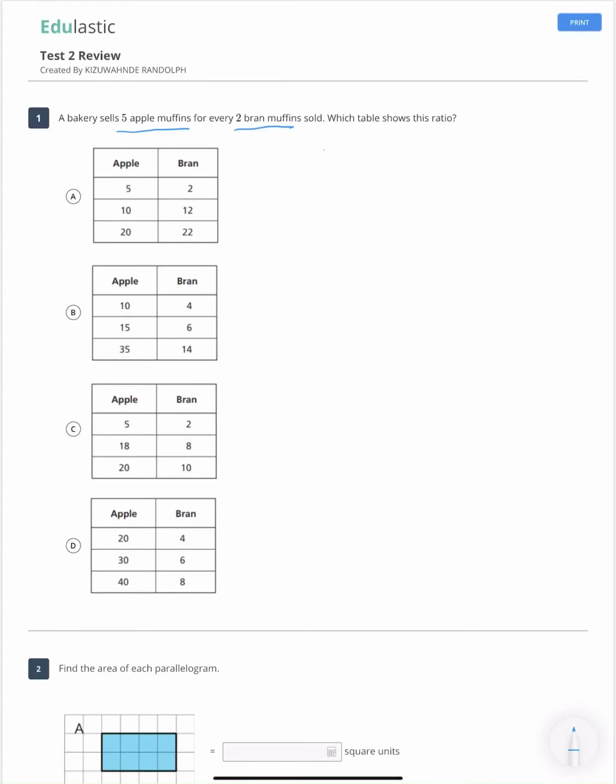So I'm going to write the ratio to the side so you guys can remember. 5 apple muffins to 2 bran muffins. Okay. So it's asking us, and I'm going to circle the question, which table shows this ratio? Which I'll point to that. So the ratio is from 5 to 2.